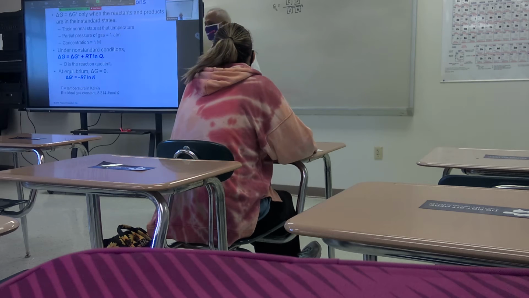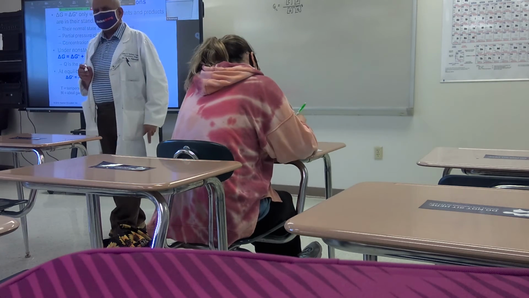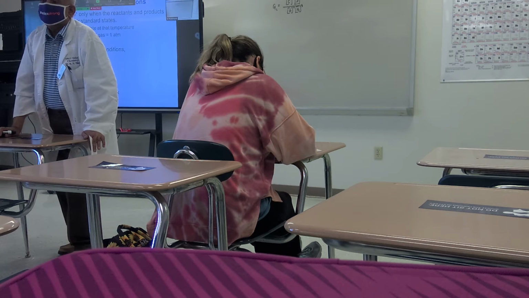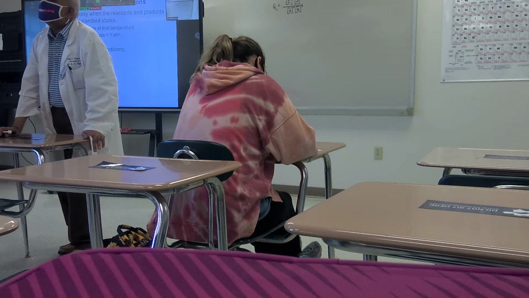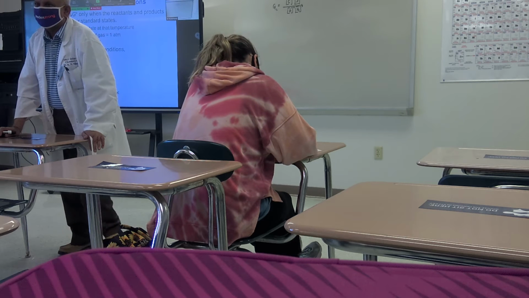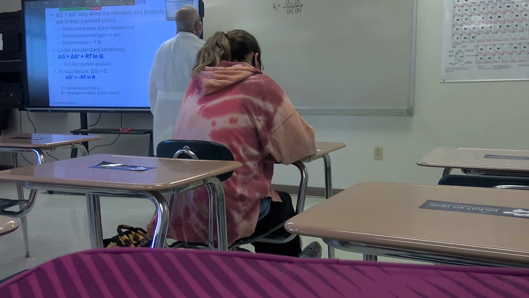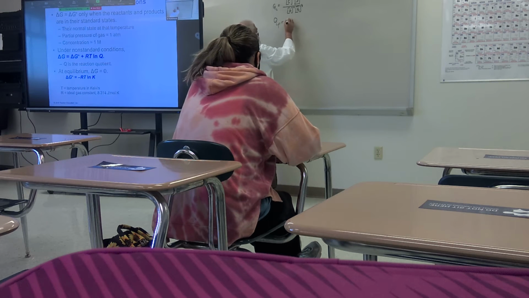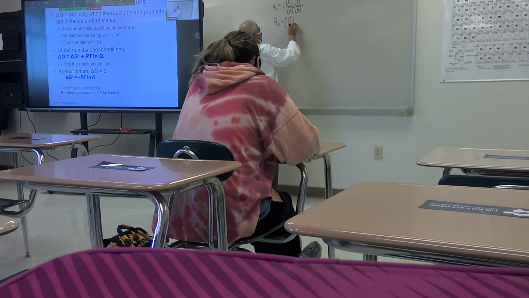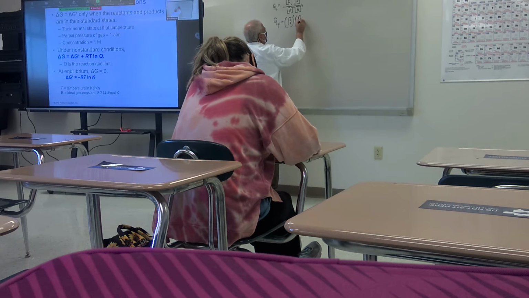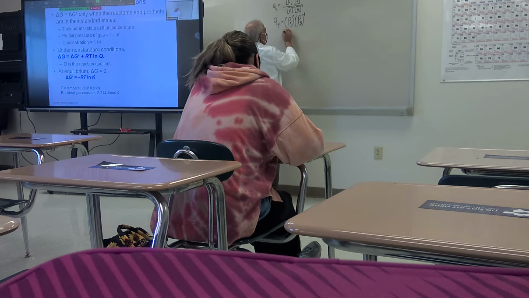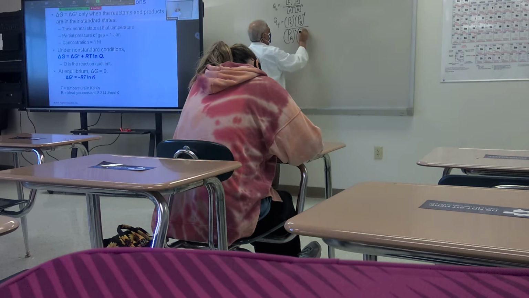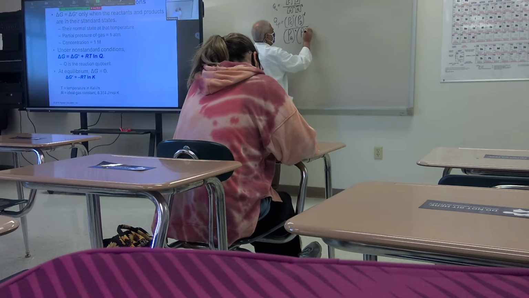The reaction quotient. If you apply the law of mass action to a reversible reaction before it reaches the state of equilibrium, we cannot call that Kc, instead we call that Qc, correct? Similarly, for the partial pressure, Qp is equal to the partial pressure of C to the power of c, partial pressure of D to the power of d, over partial pressure of A to the power of a and partial pressure of B to the power of b.